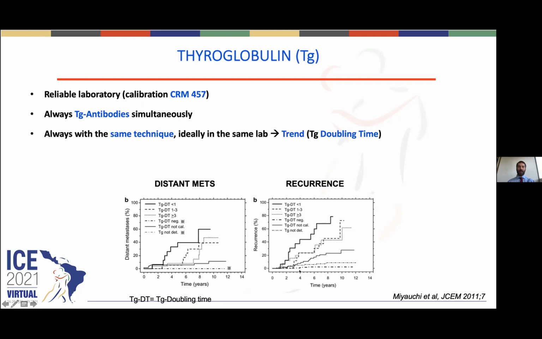If thyroglobulin is stable, the likelihood of having persistent or recurrent disease is very low.